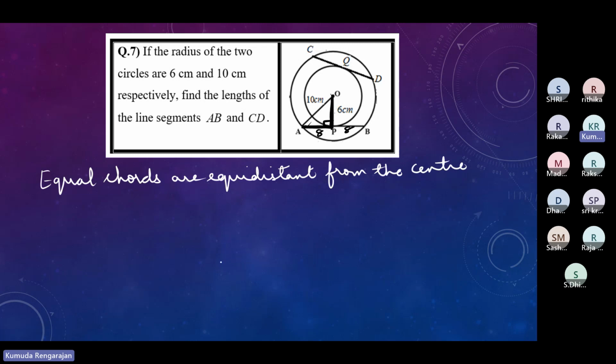That is, if two chords have the same length, then their perpendicular distance from the center will also be the same. Conversely, if the distance between two chords from the center is the same, then the chords will be equal in length. Chords that are equidistant from the center are equal.